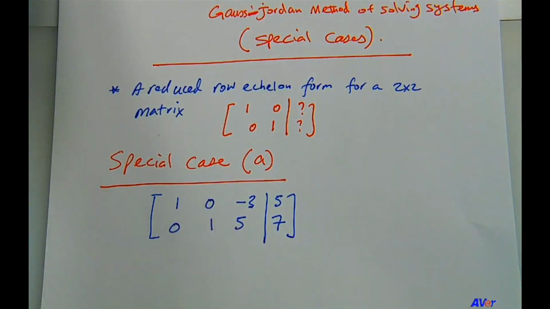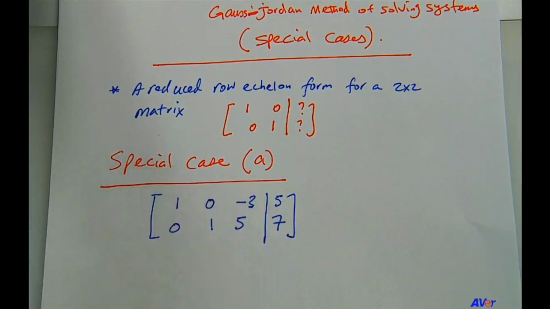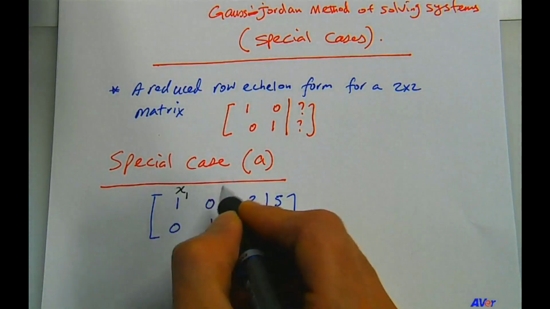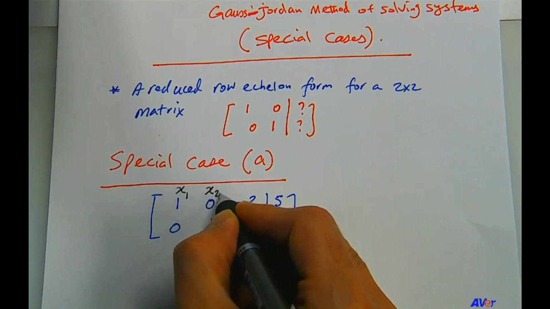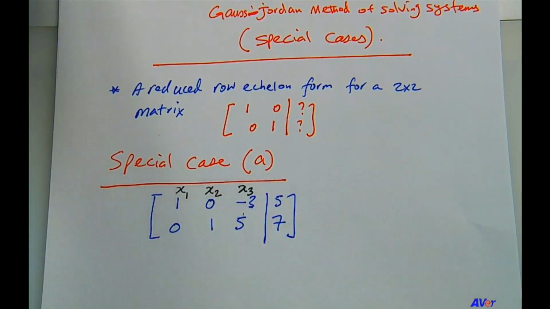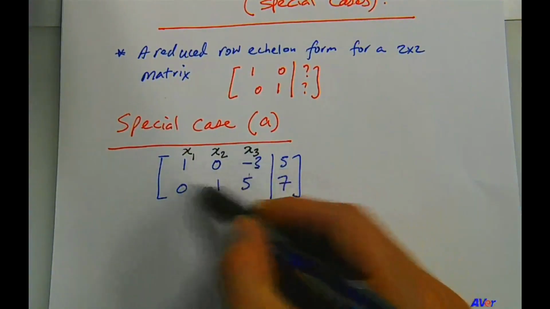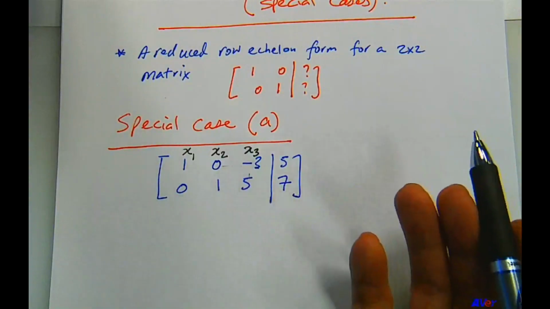We know that the first column holds the coefficients of variable, let's say, x1. These are the coefficients of variable x2, and these are the coefficients of variable x3 in 2 different equations. So we have 3 variables, but only 2 equations, not 3 equations, right?